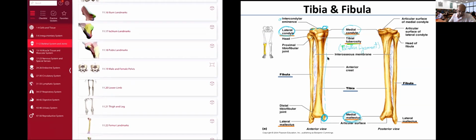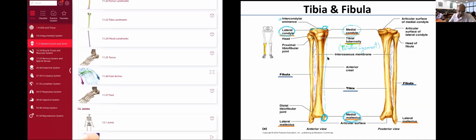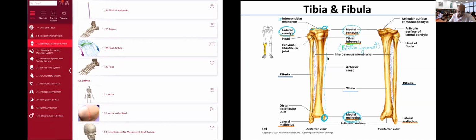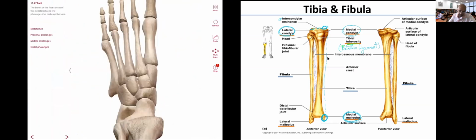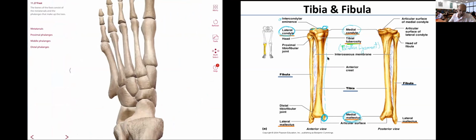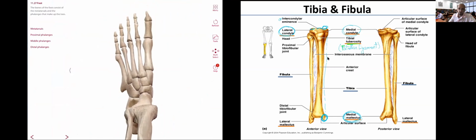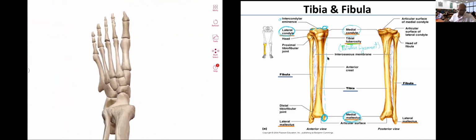Moving on to the bones of the foot. If you remember, when we discussed the bones of the hand, we stated that the hand is formed of carpal bones, metacarpal bones, and the phalanges or the fingers.